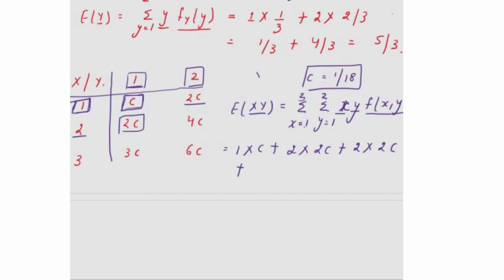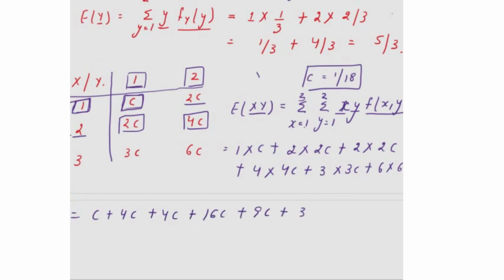Then 2 multiplied by 2 is 4, the corresponding joint probability mass function is 4c, plus 3 multiplied by 1 is 3, multiplied by 3c, plus 6 multiplied by 6c. So the final is c plus 4c plus 4c plus 16c plus 9c plus 36c.